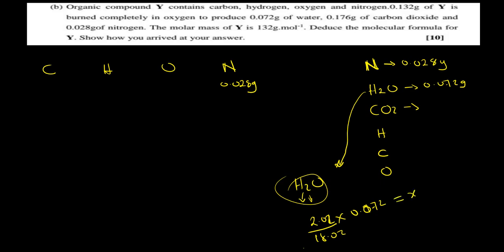Because we put the ratio of hydrogen on top in this contribution, the mass of hydrogen is equal to 0.008 grams. So that is the mass of hydrogen.